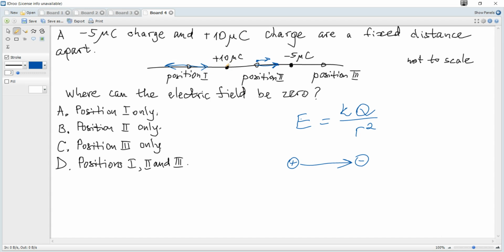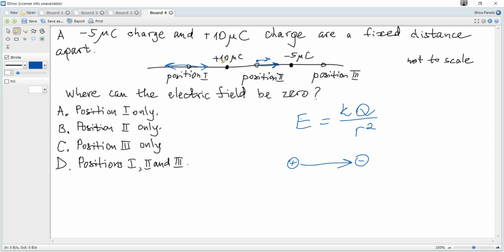So at any position to the left from plus 10, the field produced by plus 10 will always be larger, because the numerator is always larger and distance is always smaller. Hence the resultant electric field strength vector is to the left, and we cannot get zero at all.